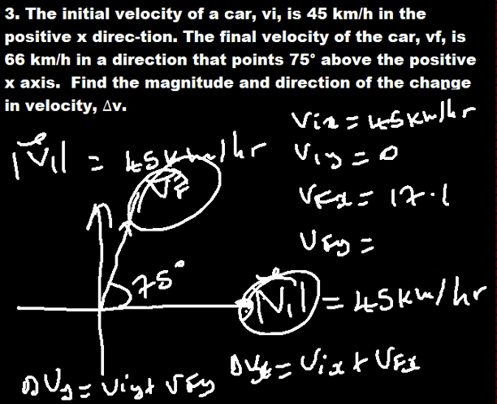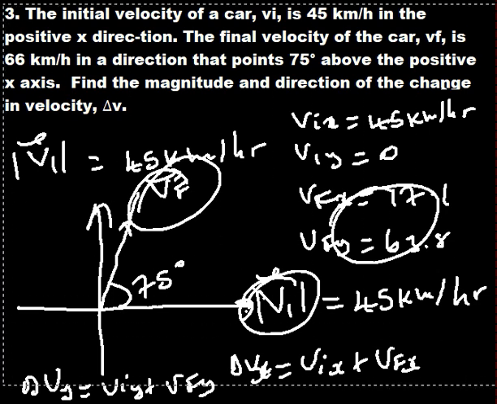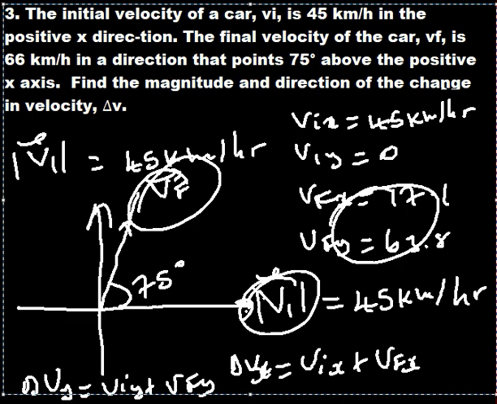That will be given as 63.8. From there we'll be able to proceed, and that's how you start to understand how we can get the resultant vector as well as the direction using the component method.